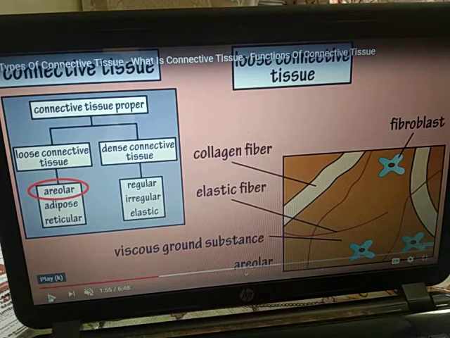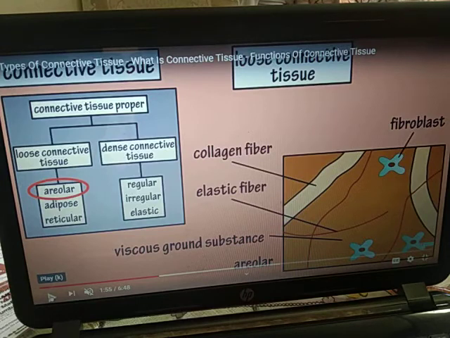So this is how the areolar connective tissue looks. Areolar tissue is present between the skin and the muscles, around blood vessels and nerves, and in the bone marrow. It fills the space inside the organs, supports the internal organs and helps in repair of the tissue. So it is a very important tissue.